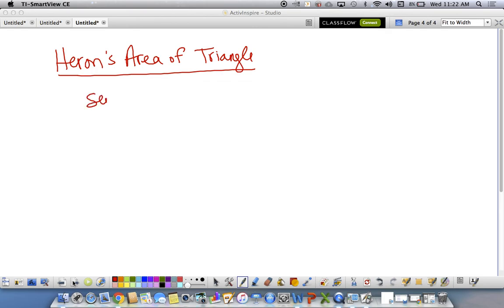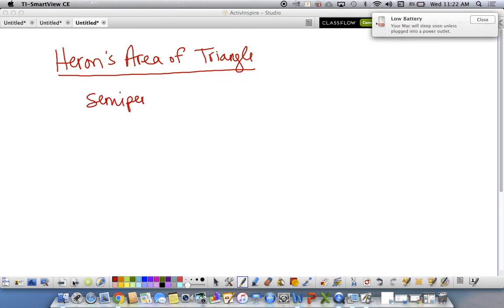You have to solve for the semi-perimeter, S. S will equal 1/2 of A plus B plus C.